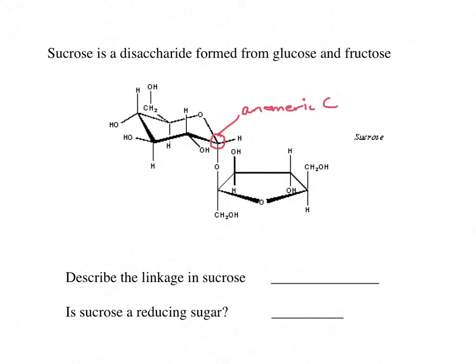Now, fructose, we talked about that a little bit yesterday, or Monday, I guess. And it was a ketose. So we have a CH2OH, double bond O, and then I do not know for the life of me where the OHs are.